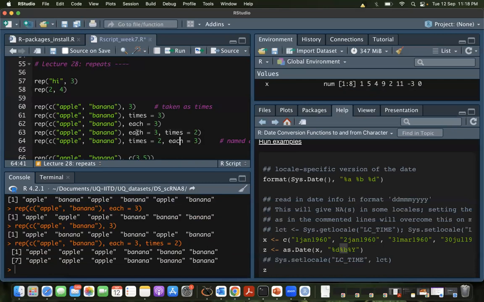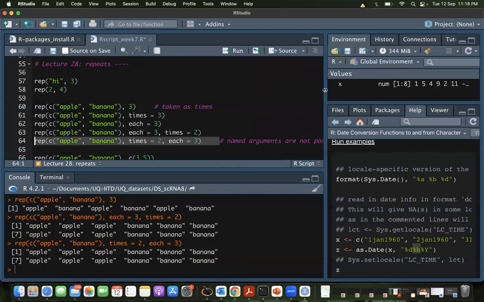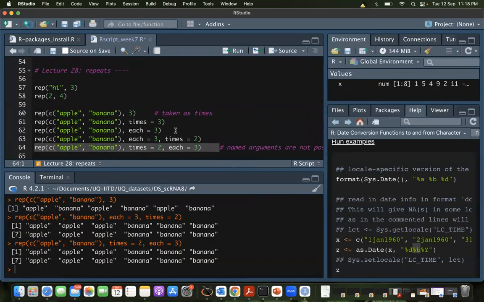And it doesn't matter if you're writing times first or each first, because once you've specified it's each, it's going to be there. Each of the things is going to be there 3 times, right? So the output of this one is also going to be the same. Okay. So named arguments, it doesn't matter which one you write first. They are not position dependent. Okay, that you know, right?